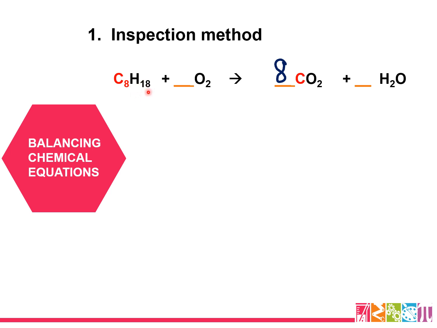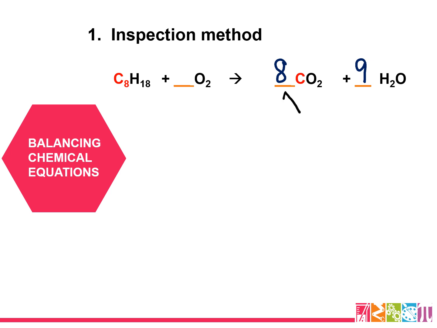How to balance the H18 on the left with the right side? We multiply by 9 H2O. Why? 9 times 2 gives 18 hydrogen. So we put 9 moles of H2O on the right side to balance the 18 hydrogen on the left side.